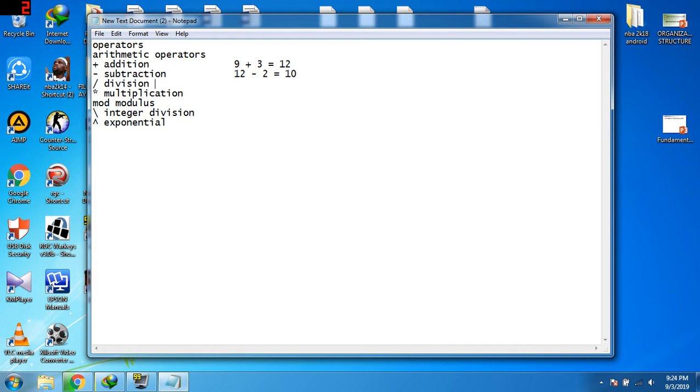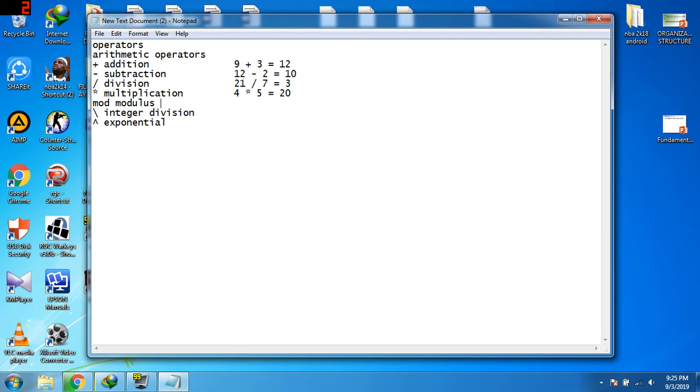Then the division, example for the division is we have an input of 21 divided by 7, that will give us an answer of 3. For multiplication, we have an input example of 4 multiplied by 5, that will give us an answer of 20.